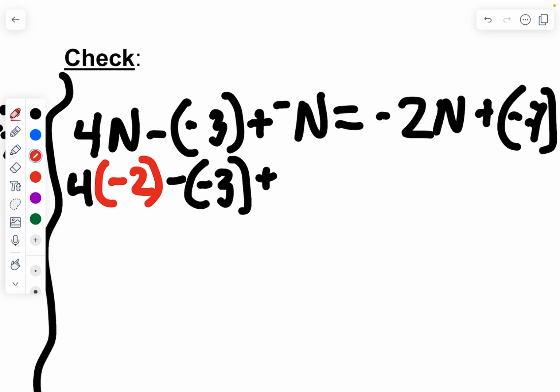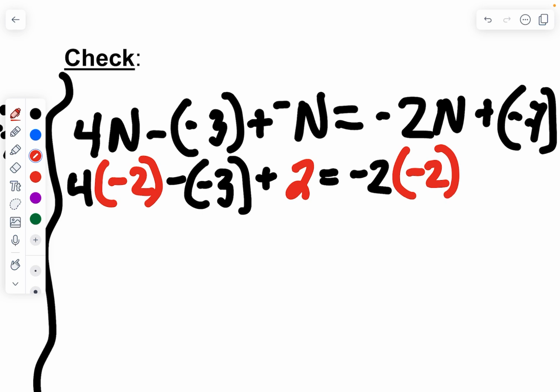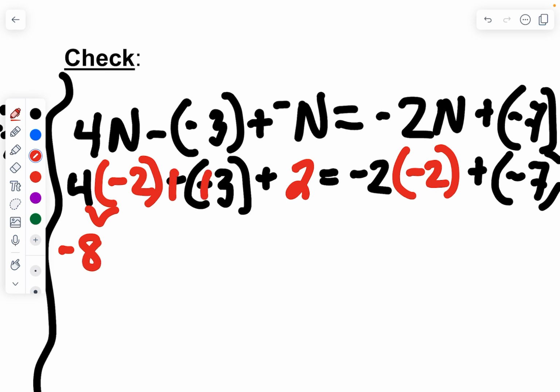I'm going to take out the negative n and I'm going to put in 2. Right, we're going to go ahead and multiply, so I get negative 8. And I have a chop here, so that's plus 3.